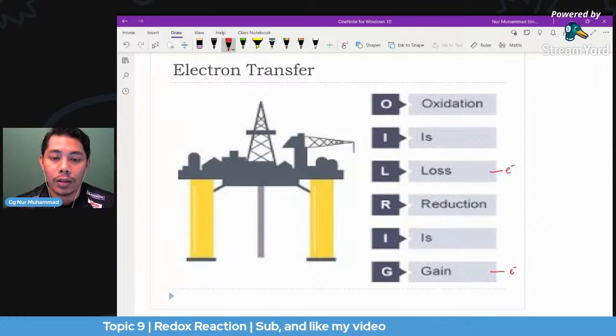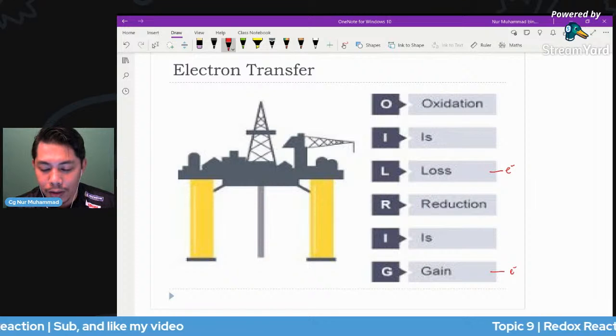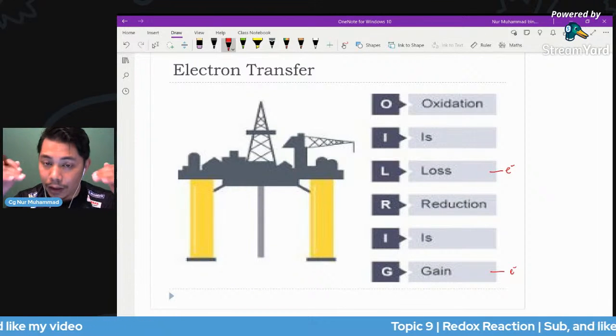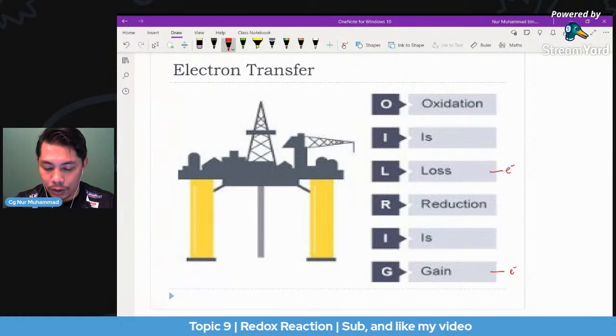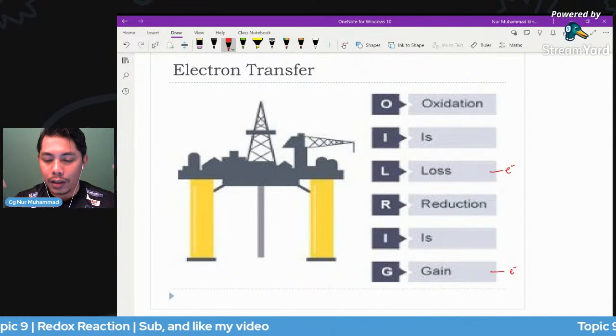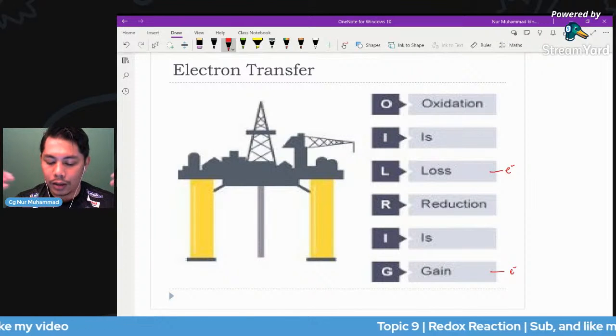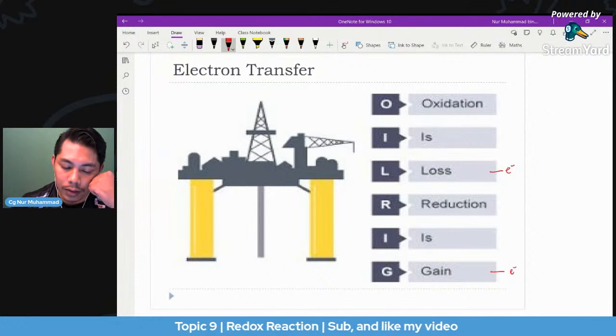Okay, and cathode gain electron. So kena ingat balik itu, in one chemical reaction have lost and gain electron. That is called redox reaction. Okay. So any substance that lost electron, this is oxidation, and the substance that gain electron is called reduction. Okay, alright.